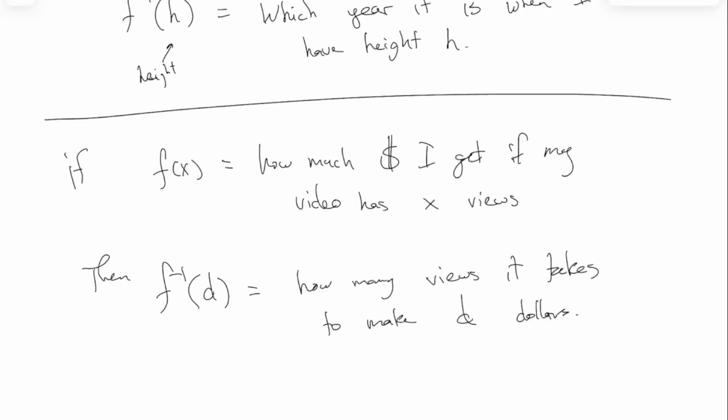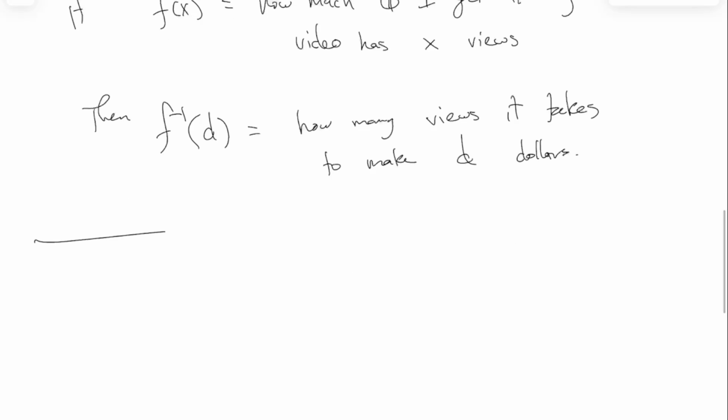In real life, it's usually clearer if you use different variables because they represent different kinds of things. Here the x represents views and the other one represents the dollars. So it's kind of like using x and y in equations. You could call things generally whatever you want, but unfortunately this will get confusing from time to time when we talk about these things.